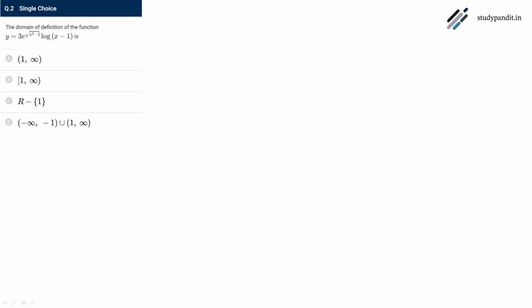The domain of the definition of the function y is equals to 3 times e raised to the power x square minus 1 times log x minus 1. So we will first be finding the domain of the function e raised to the power x square minus 1.